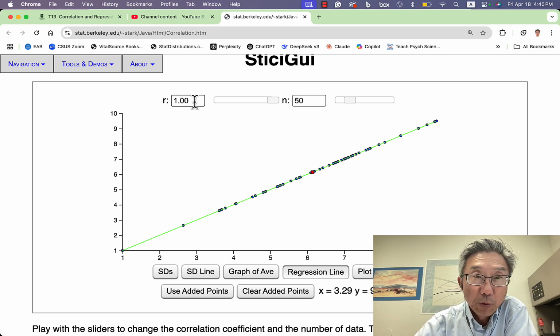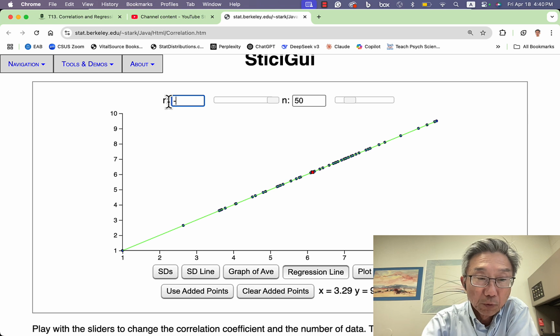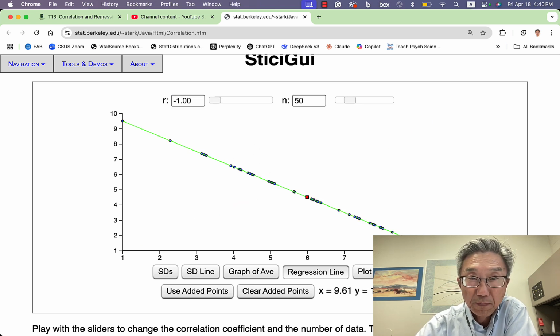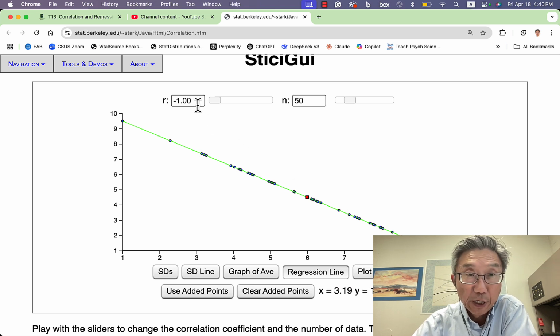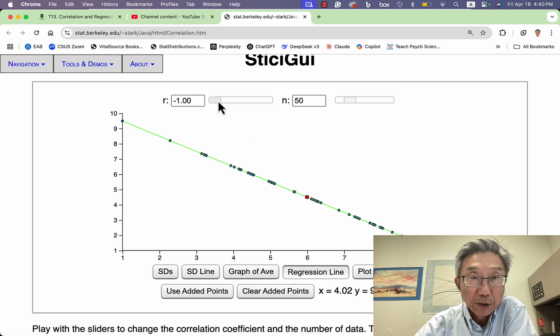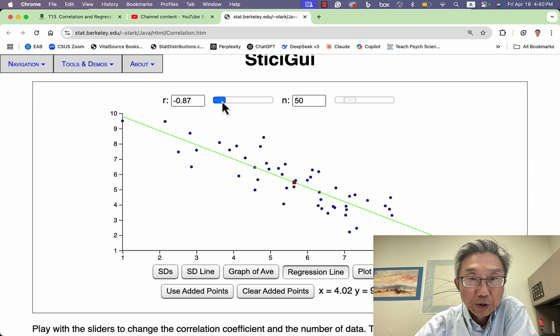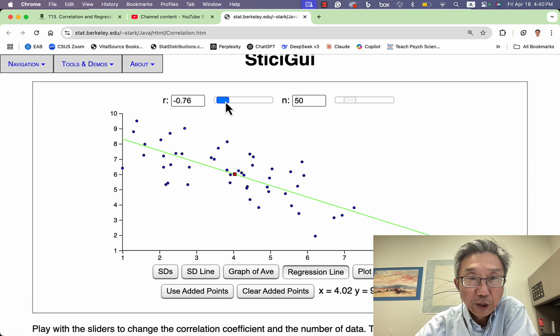The same thing happens when you have R equals -1. Again, all the dots are located exactly on the regression line, so again, there is no error in prediction. And you can change the size of the correlation, getting smaller and smaller.